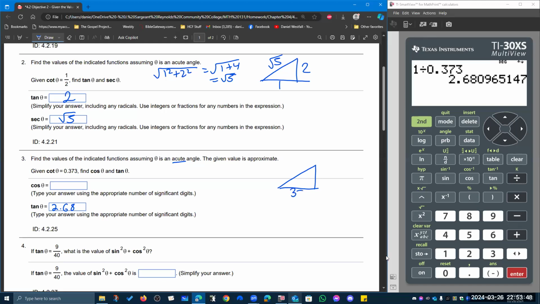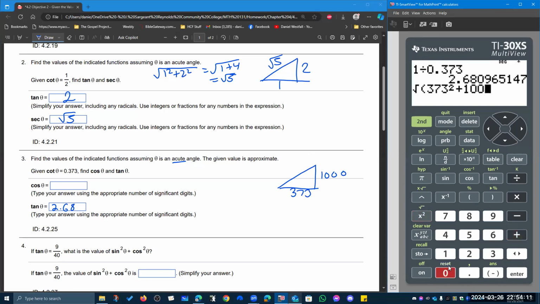So 373 over 1,000, like that. And that makes this side here the square root of 373 squared plus 1,000 squared.